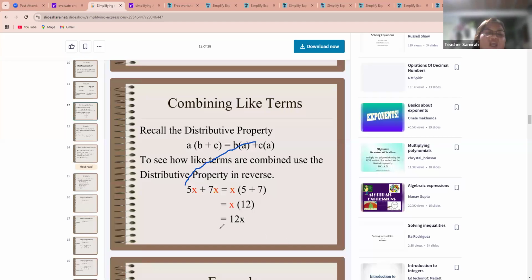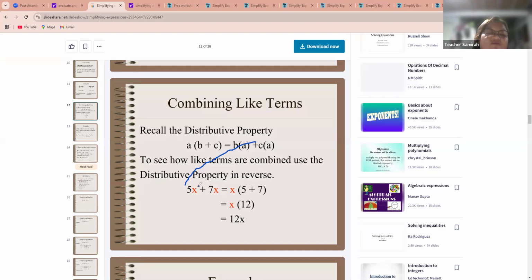But instead of writing the original given expression, we wrote the answer first, so we are writing in reverse.